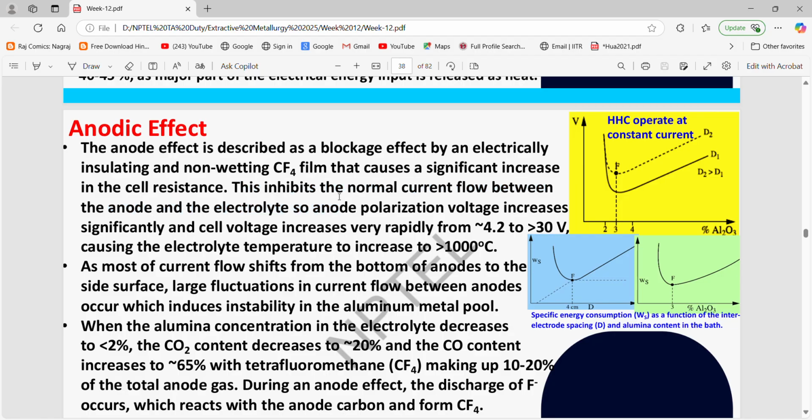So anode polarization voltage increases significantly and cell voltage increases very rapidly from 4.2 volt to up to 30 volt. So due to this blockage formation by the CF4 film, the anodic voltage increases from 4.2 volt to more than 30 volt, causing the electrolyte temperature to increase to greater than 1000 degrees Celsius.